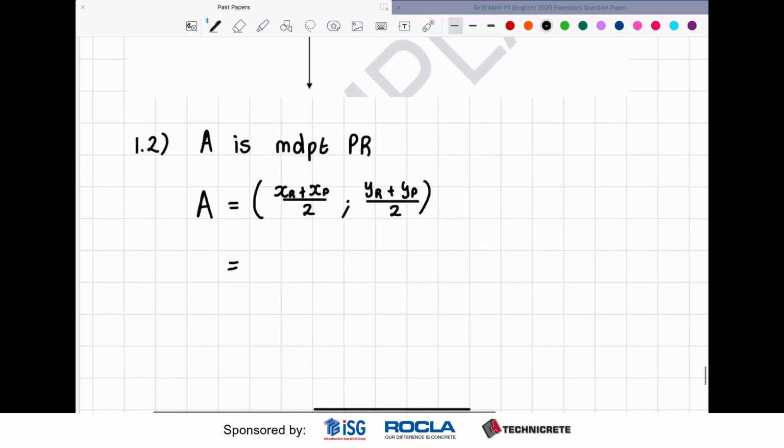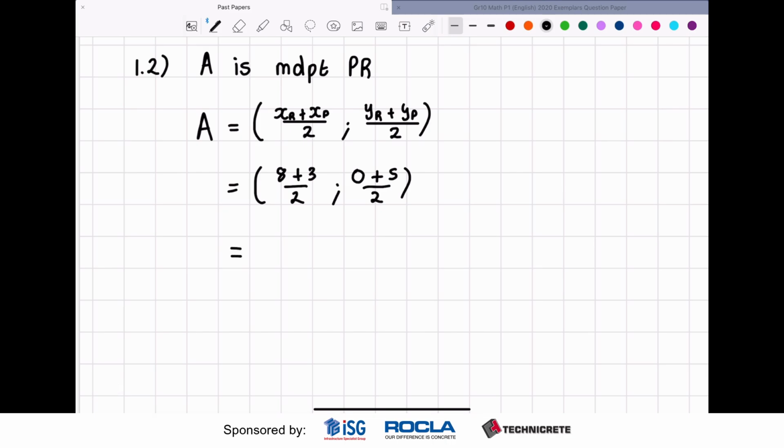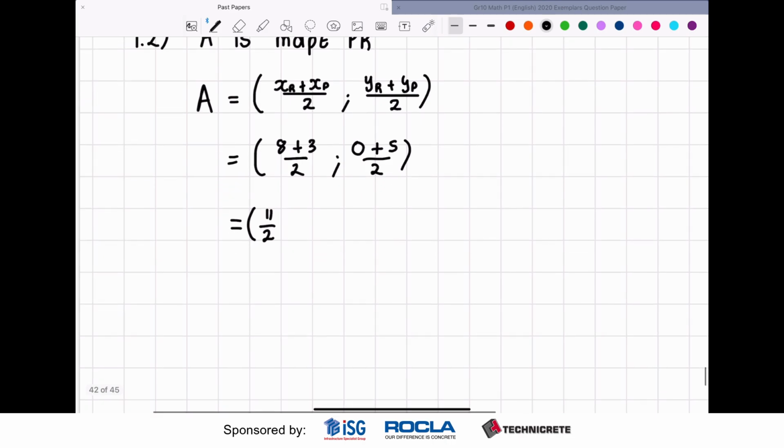And I just found out that x of R was 8, and I was told that x of P is 3 over 2, and y of R was 0, y of P was 5 over 2, and 8 plus 3 is 11, so this one is 11 over 2. And then for 5 plus 0, that's just 5, and this is 5 over 2, and those are my coordinates for A.